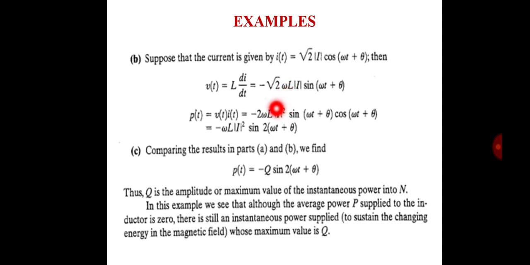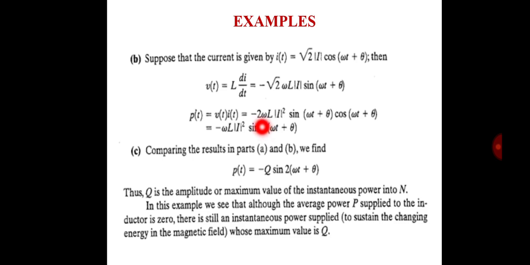So the equation becomes v of t is equal to minus root 2 omega L I sin(omega t plus theta). Now what is instantaneous power? p of t is equal to v of t into i of t. Multiplying these two equations, minus root 2 into root 2 means 2, omega L, and I multiplied by I gives I square, times sin(omega t plus theta) into cos(omega t plus theta).